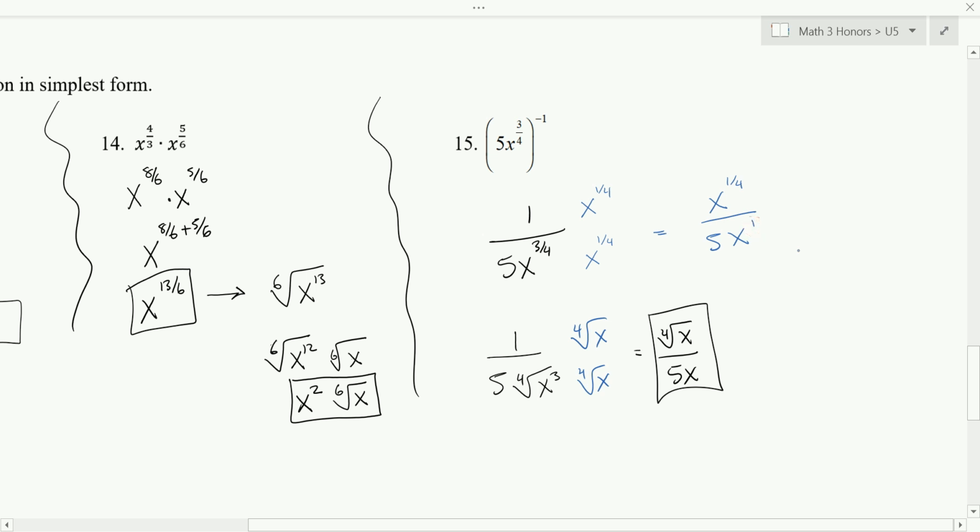Question, yeah. So the 3/4 only belongs to the x. If the 5 and the x were both in parentheses together, then that 3/4 would belong to both of them.